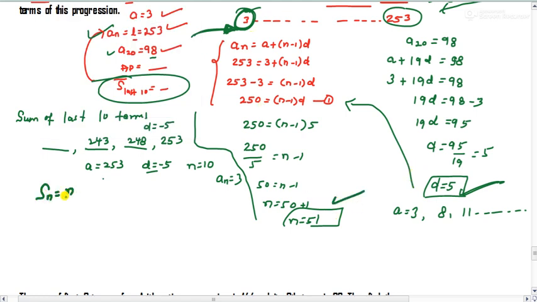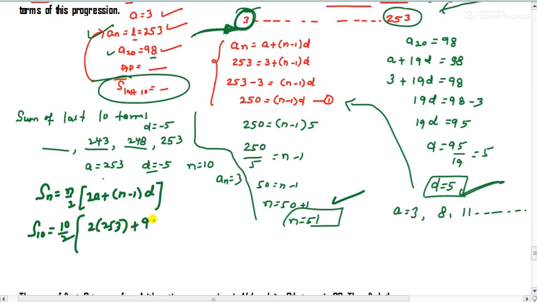So use the other formula. Sn is equal to n by 2 into 2a plus n minus 1 into d. Are you getting me? So S10 will be 10 by 2 into 2a, a is 253, so this is 506, plus 9 into d, which is minus 5. Minus is very important.